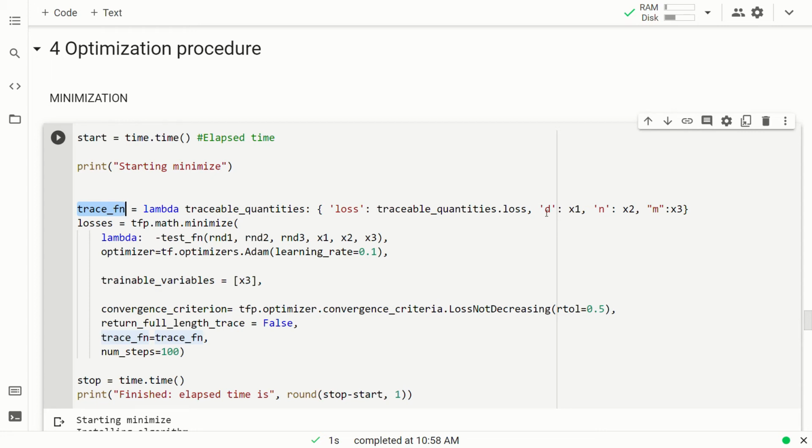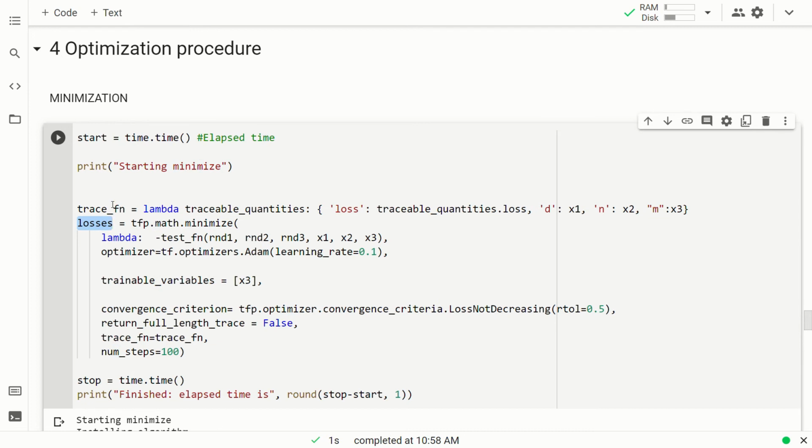In this case, I stated to trace three variables, x1, x2, x3, so my d, my n, and my m. So the time parameter of the moving average, the time parameter of the ATR, and the multiplying factor of the ATR.